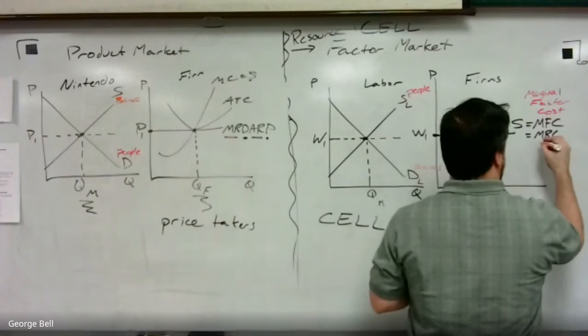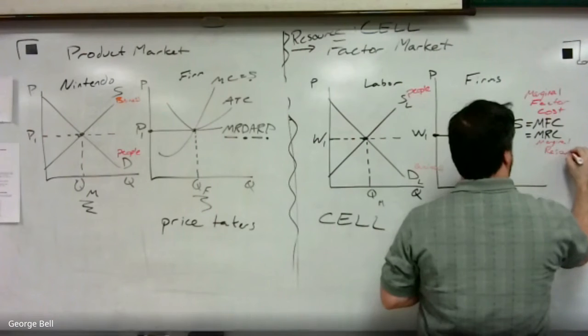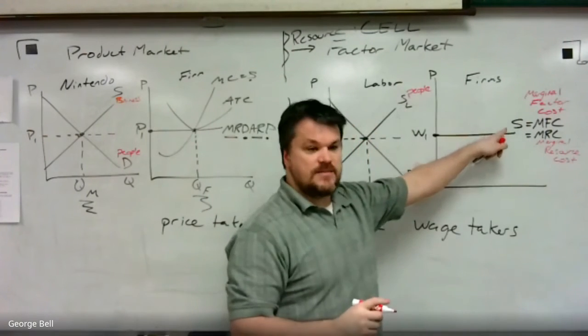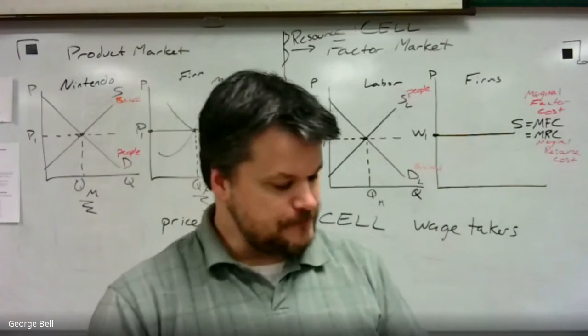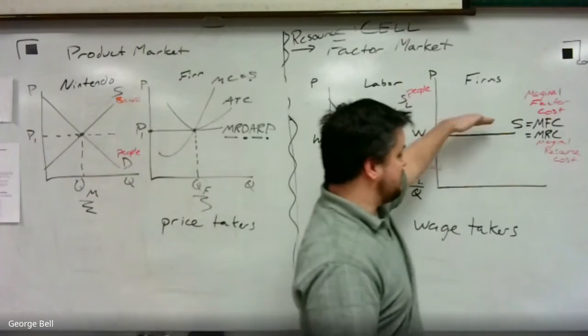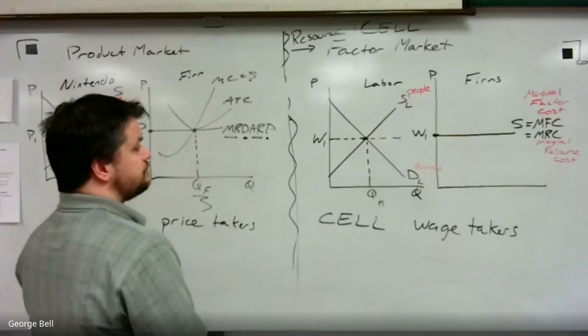MRC is the same thing. It stands for marginal resource cost. And so, ladies and gentlemen, MRC and MFC are the exact same thing. I've seen the AP exam use both. Different textbooks use both. I think in the modern time, MFC is the most common. So you use that, you're going to be gold.